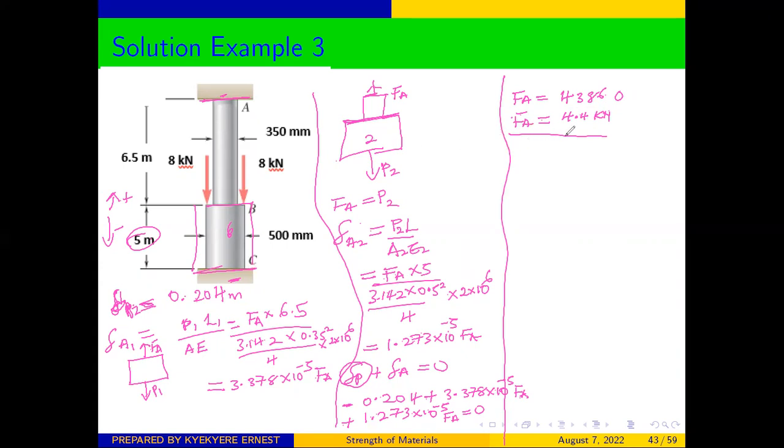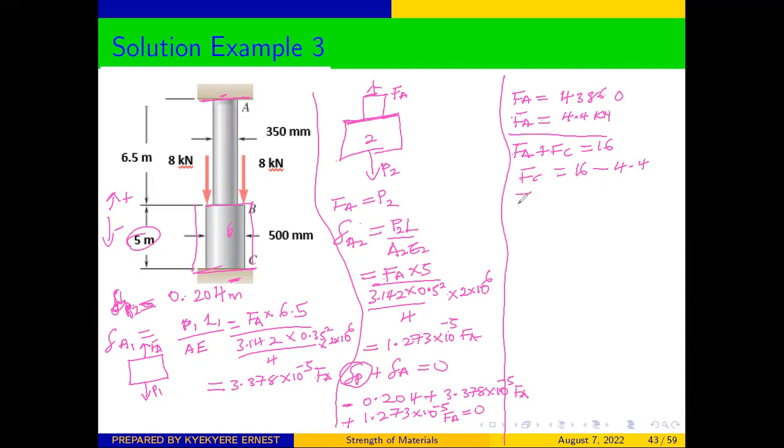We had FA plus FC was equal to 16. That was equation 1. When we put FA here, we can get FC, which will be equal to 16 minus FA, which is 4.4.